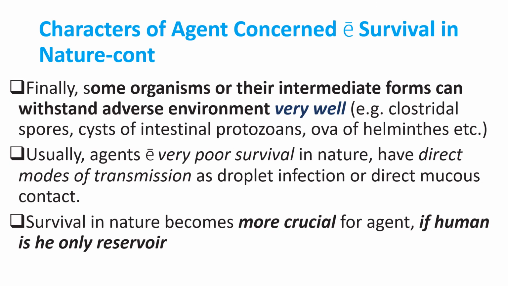Characters of agent concerned with survival. Finally, some organisms or their intermediate forms can withstand adverse environment very well, like Clostridia spores, cysts of intestinal protozoans, ova of helminths. Usually, agents with very poor survival in nature have direct modes of transmission as droplet infection or direct mucus contact.